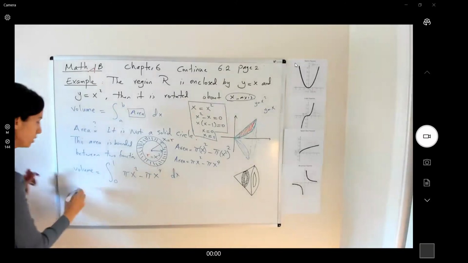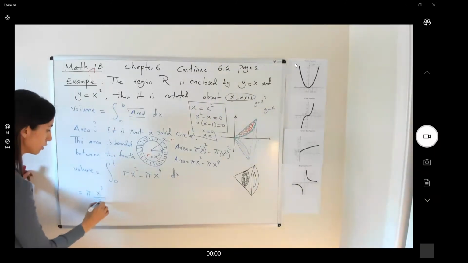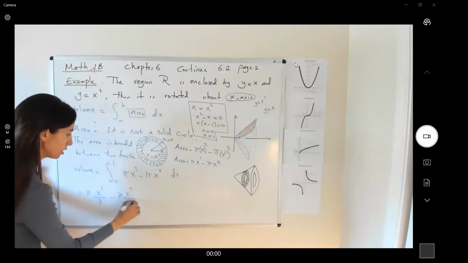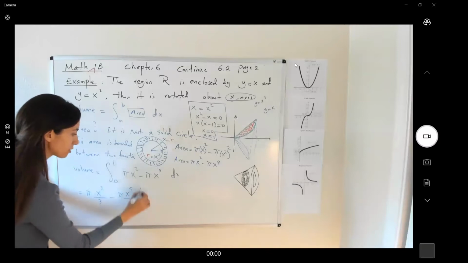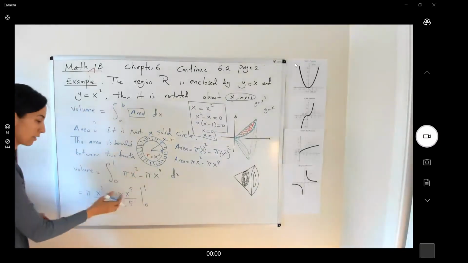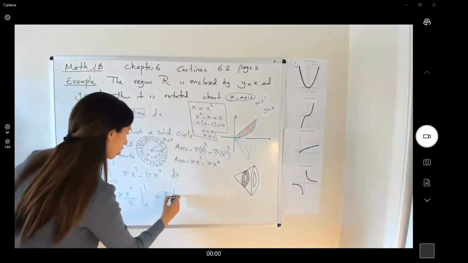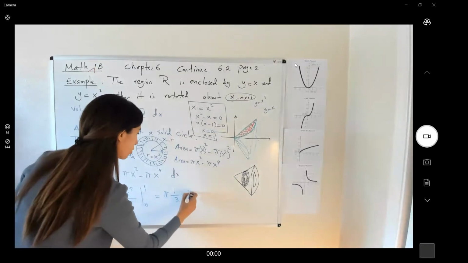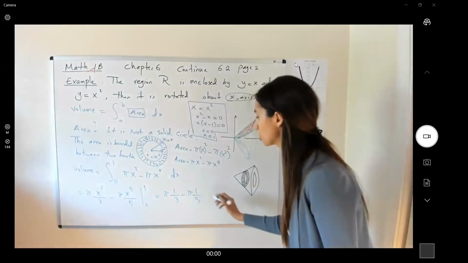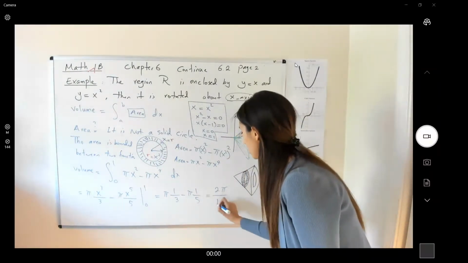So the first one is pi x to the 3rd divided by 3 minus pi x to the 5th divided by 5. X ranges between 0 to 1. Don't worry about 0. Just plug in 1, you get pi times a 3rd minus pi times a 5th. Take common denominator between these two, you get 2 pi over 15.